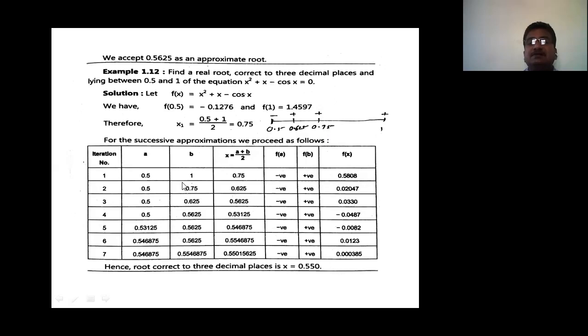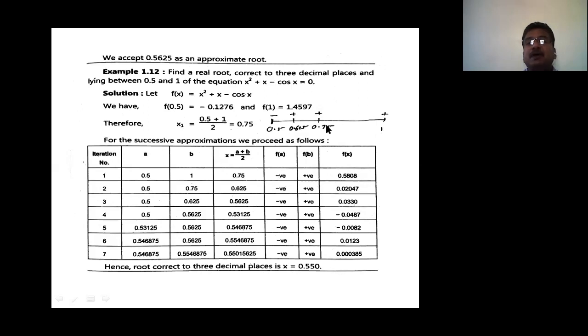So find the value at 0.75. Here the chart is given. So at 0.75, what is the value? The value is positive, and therefore the root lies between 0.5 and 0.75. And so take A as 0.5, B as 0.75. Here, first 0.5 and 1 are A and B, and at 0.75 the value is positive.